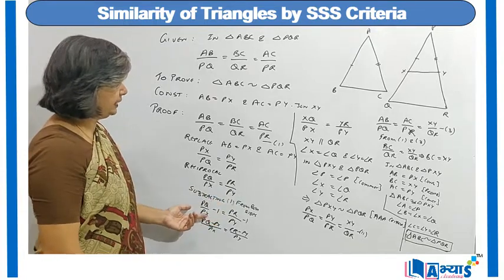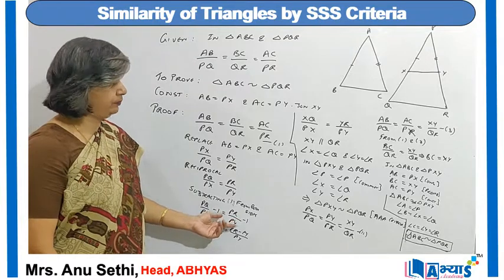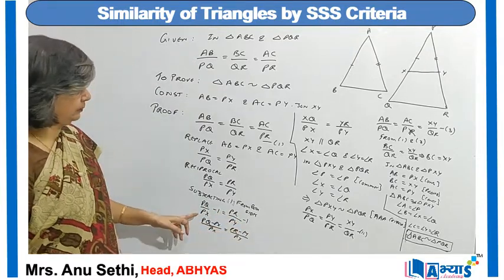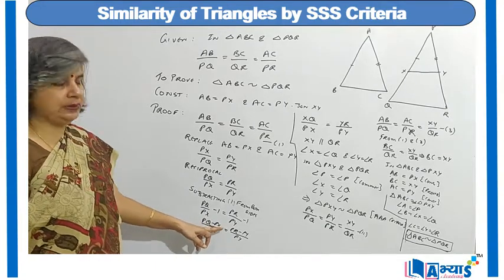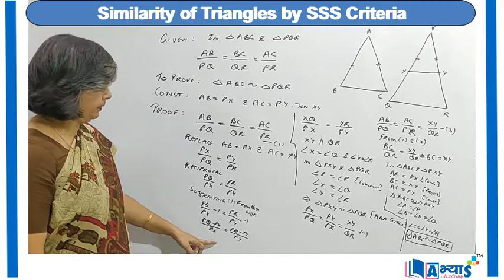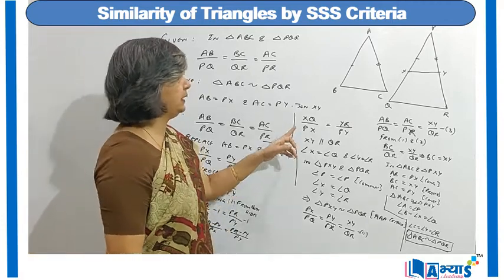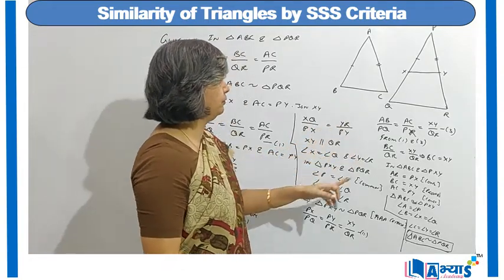Subtracting 1 from both sides, we have got PQ upon PX minus 1 is equal to PR upon PY minus 1. We have taken PX and PY as the LCMs. So we have got PQ minus PX upon PX is equal to PR minus PY upon PY. Now PQ minus PX is equal to XQ and PR minus PY is equal to YR.